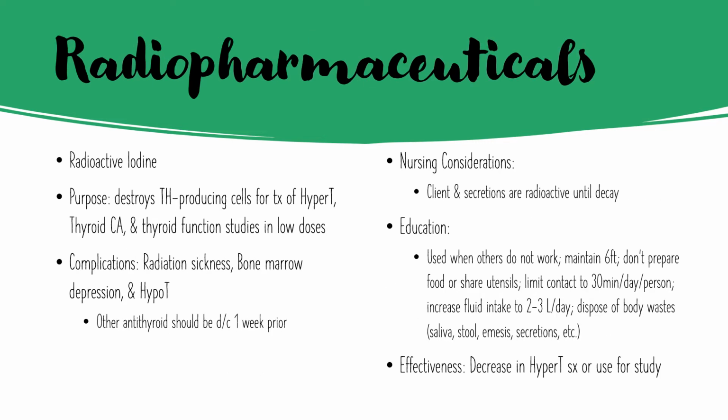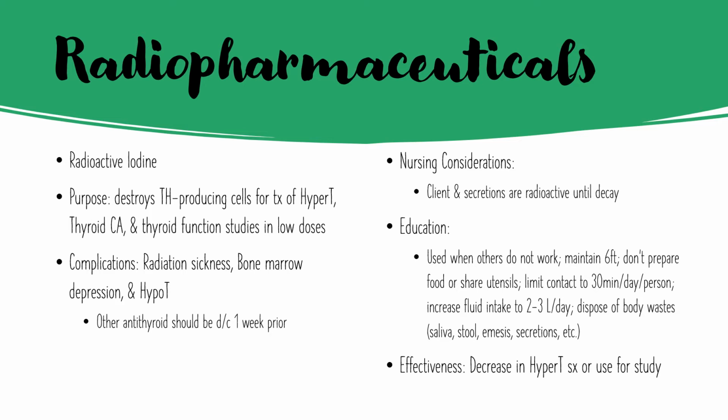Now, radiopharmaceuticals, this is radioactive iodine. This destroys the thyroid hormone producing cells, whereas the other one just prevented it from becoming thyroid hormone. This one actually destroys them, for the treatment of hyperthyroid, thyroid cancer, and thyroid function studies.